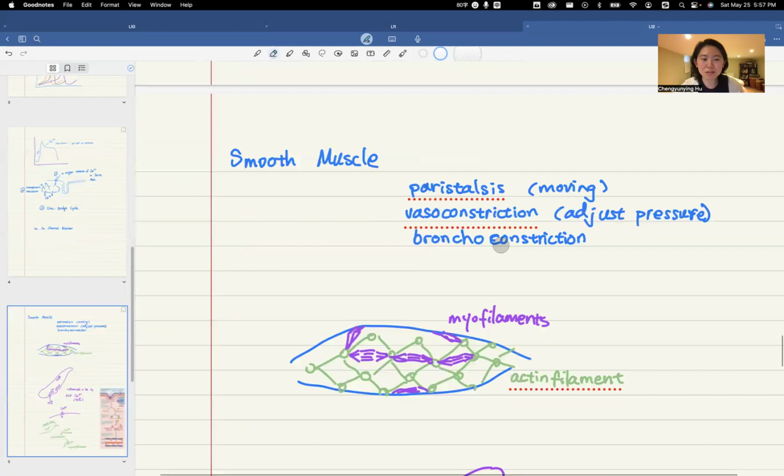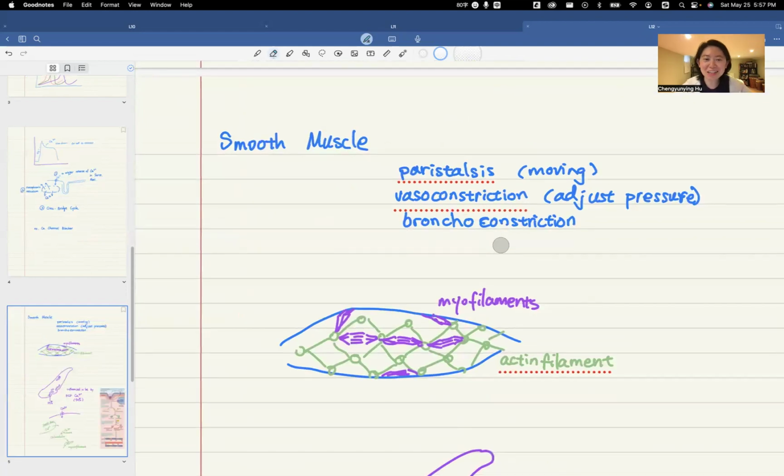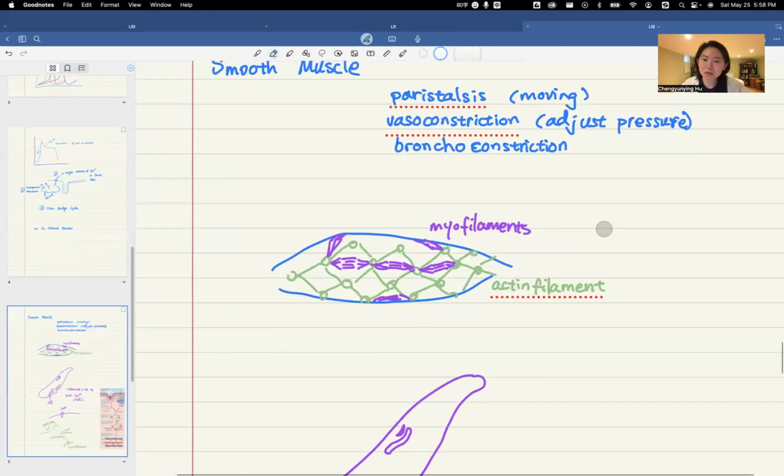Smooth muscle, hang in there, we're almost done. Smooth muscle looks different than other muscle. And we find smooth muscle in peristalsis, vasoconstriction, bronchoconstriction. So you see that some has myofilaments and some doesn't. When the smooth muscle wants to contract, it doesn't contract uniformly.